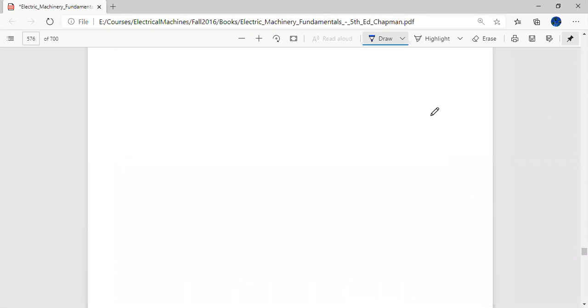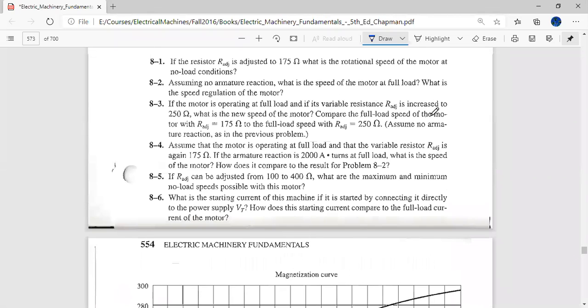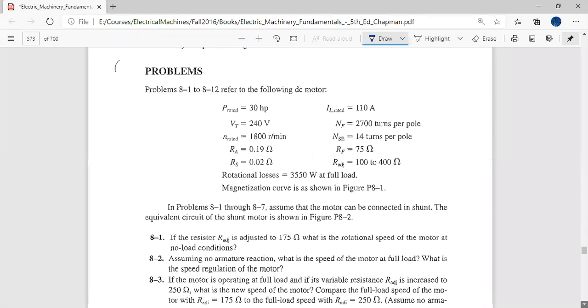And you will see these problems are much simpler than the synchronous machines, but you again have to refer to these graphs and find your own operating point. The first 12 problems are related to the following DC motors data, and in problems 8.1 to 8.7 you are assumed that the motor is connected in shunt. So you assume that this data is for the motor which is connected in shunt.